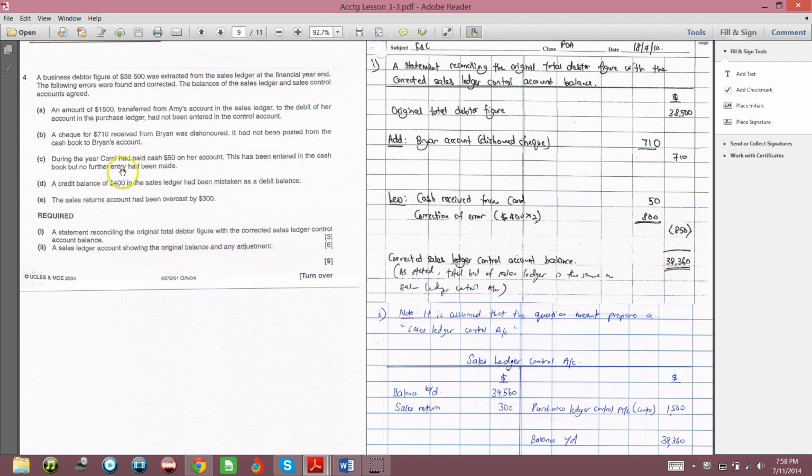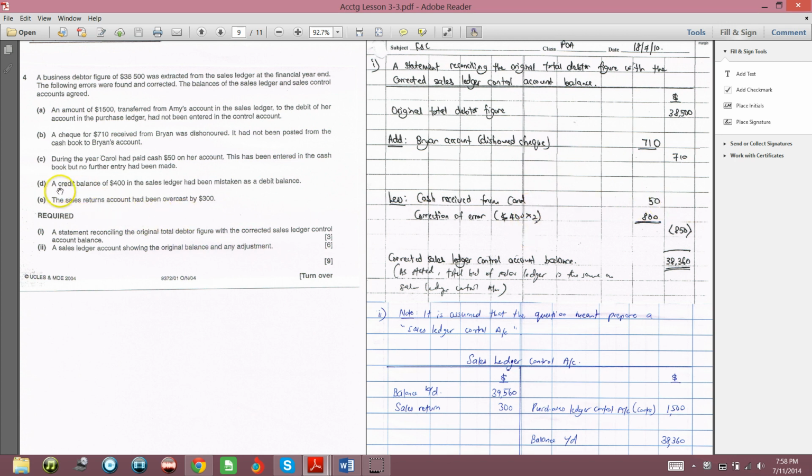No further entry, that means it was not entered in the individual debtor account. So if she paid, that means that will be less out from the amount owing from the debtors. Okay, less cash received from Carol, $50.